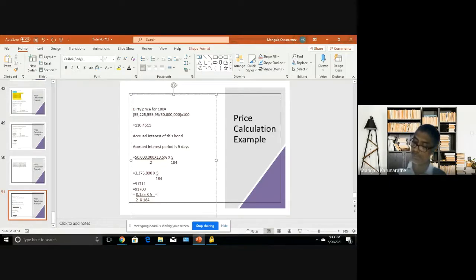What is the answer you got? Did you all calculate it? I got an answer like this. Just check this answer is correct: 0.135 into 5 divided by 2 divided by 184.